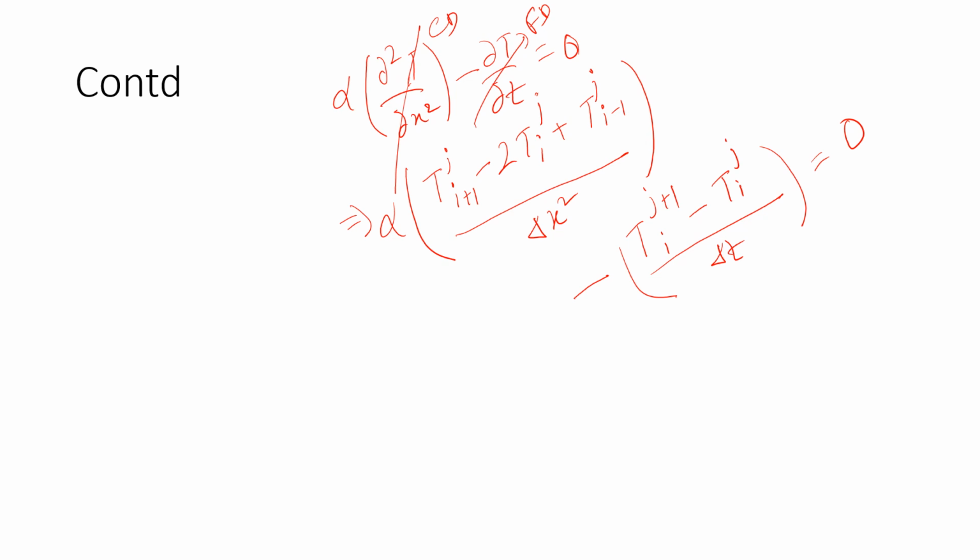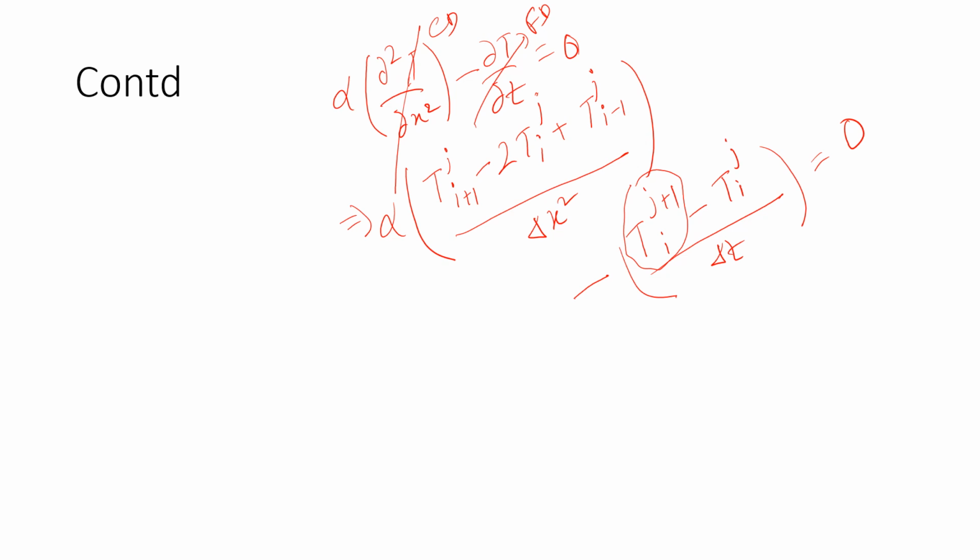Now, as we know, our main objective is to know the temperature at the node i after j plus 1 time. So what we'll do is keep this part on the left hand side and take all other terms to the right hand side.